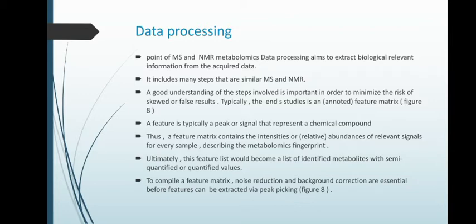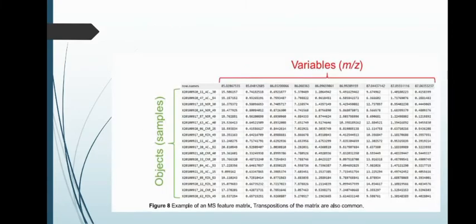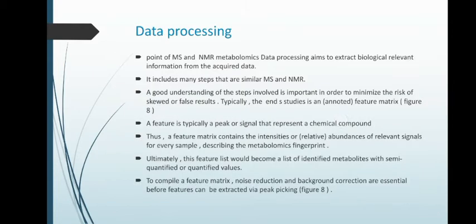Typically, the end result of these studies is a feature matrix, a set of features as shown in the figure. A feature is typically a peak or signal that represents a chemical compound.